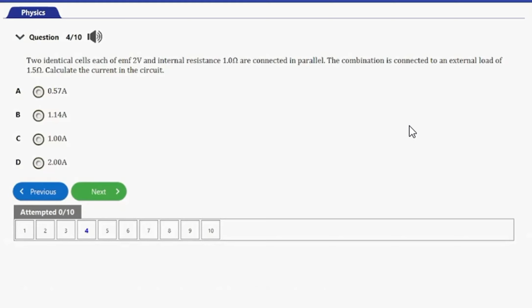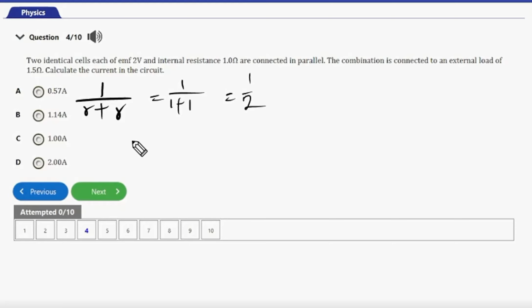So we want to calculate the current. Since this connection is in parallel as well, in order for us to get the effective internal resistance, that will be 1 over r plus r. That's 1 over 1 plus 1, and that's 1 over 2. So the effective internal resistance is 1 over 2.